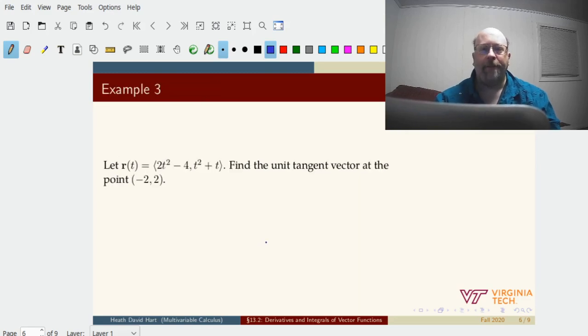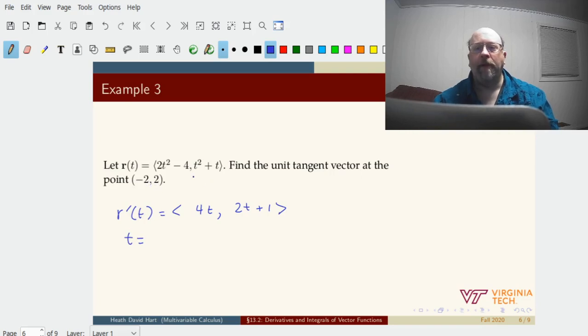Let's do an example. This example is just in 2 coordinates. Find the unit tangent vector at the point negative 2, 2. So the derivative is 4t, comma 2t plus 1. The time is whatever time makes this point happen.